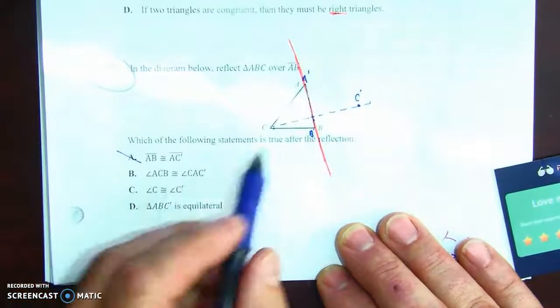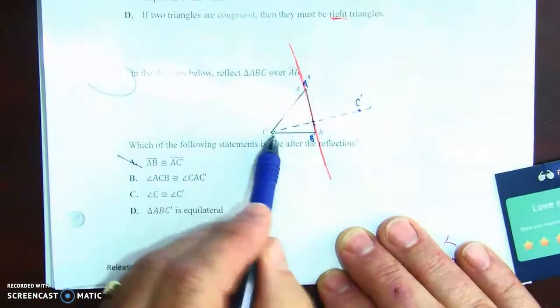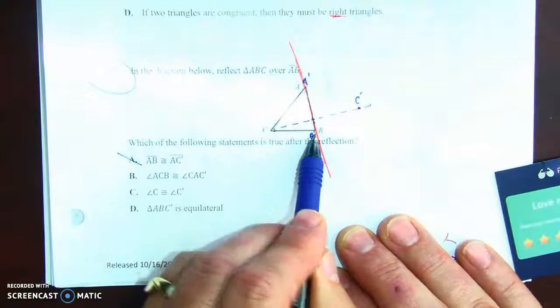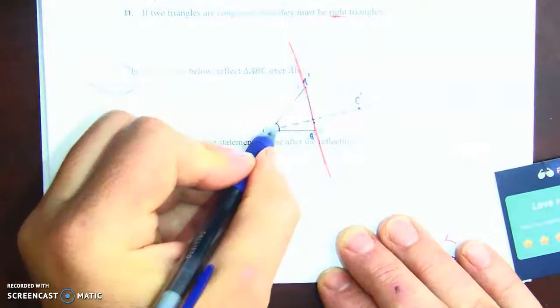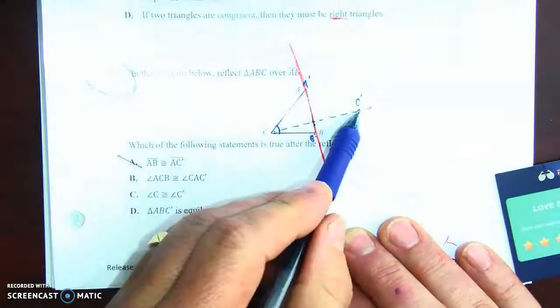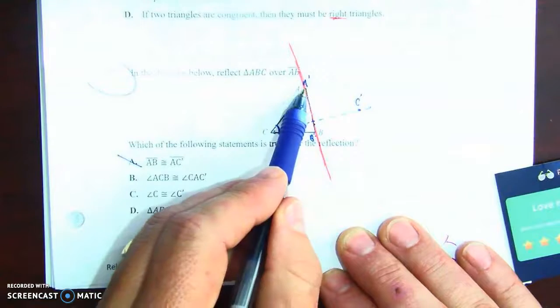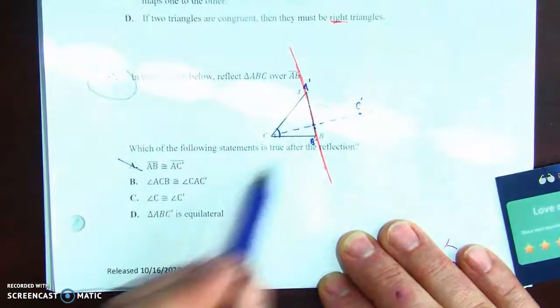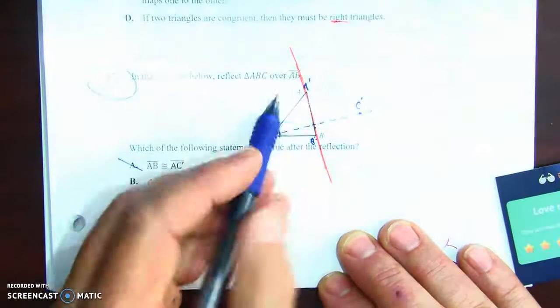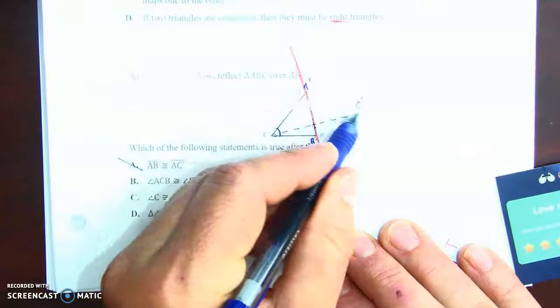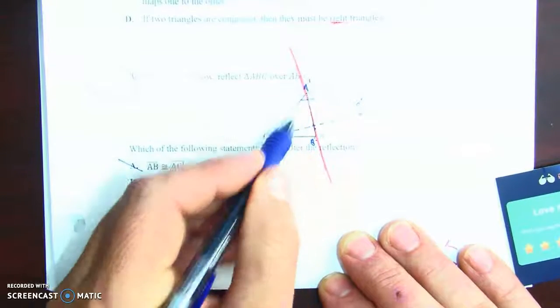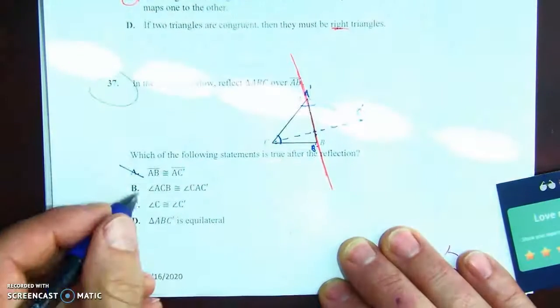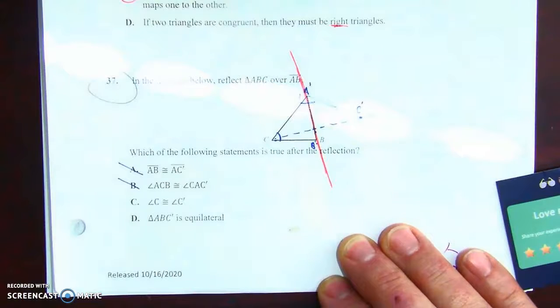It says that angle ACB is congruent to, so we're talking about this angle here, is congruent to angle C prime A. If I were to draw a line this way, they would say these 2 angles are congruent. I don't think that's going to be the case either.